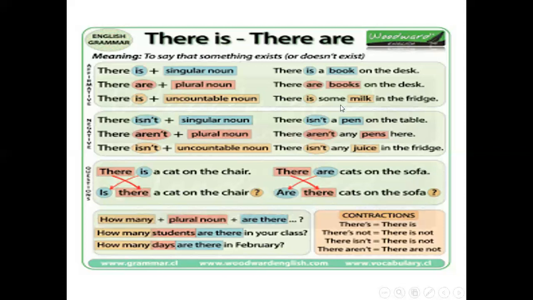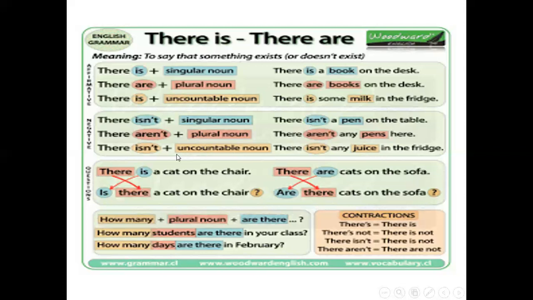Try to think with me, what is the difference between any and some here? I use any with negative sentences, and I use some with affirmative sentences. When the sentence is negative, I use any, and any is followed by a plural noun or an uncountable noun.